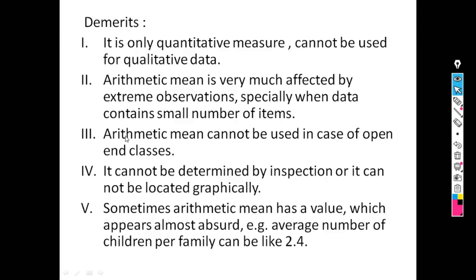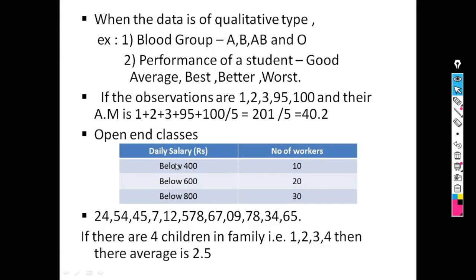Next demerit is arithmetic mean cannot be used in case of open-end classes. Open-end classes means this type of classes, below 400, below 600 and below 800.